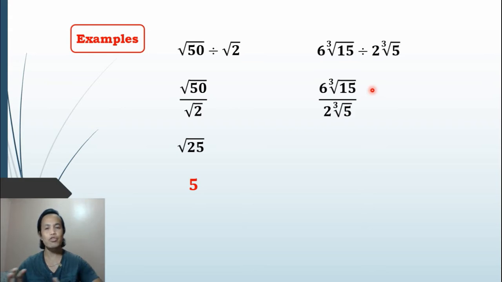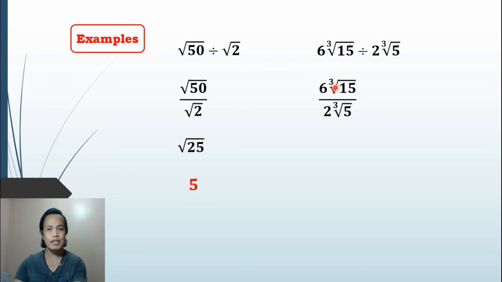But I would just like to remind you that when we divide radicals, you can just divide directly, like the square root of 50 divided by the square root of 2, which is the square root of 25. In this case, I just showed that this expression can be written in fractional form. So the same here, we can express this in fractional form. So we have 6 cube root of 15 over 2 cube root of 5.